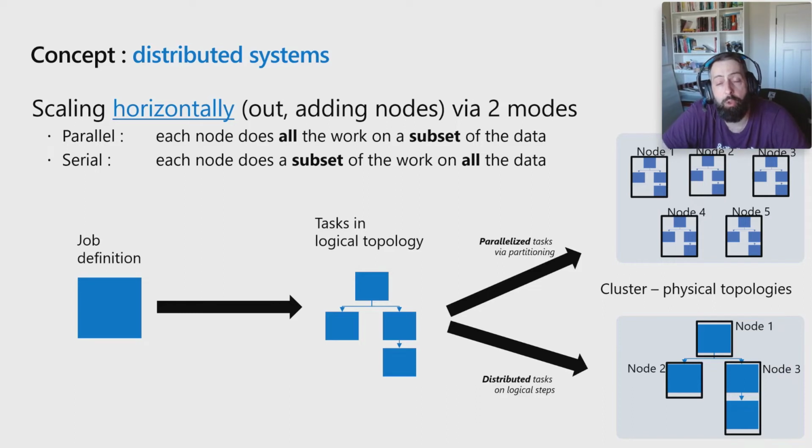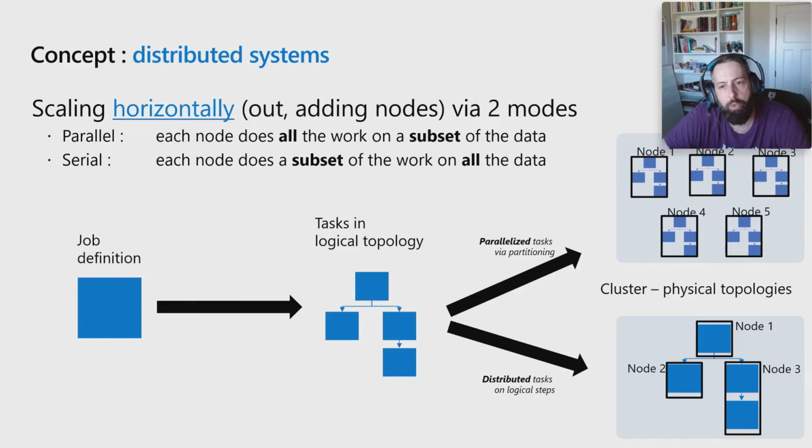How we do it is by scaling horizontally. So we are scaling out. We add nodes, we add computers to the cluster so that it performs better. We don't scale up, we don't make those nodes better. We scale out. There are two ways to do that, and it's not specific to us; distributed systems scale by using two patterns.